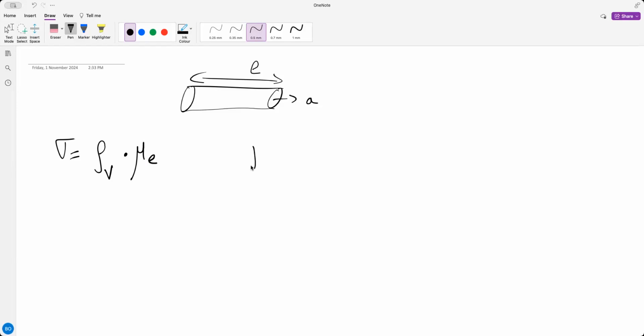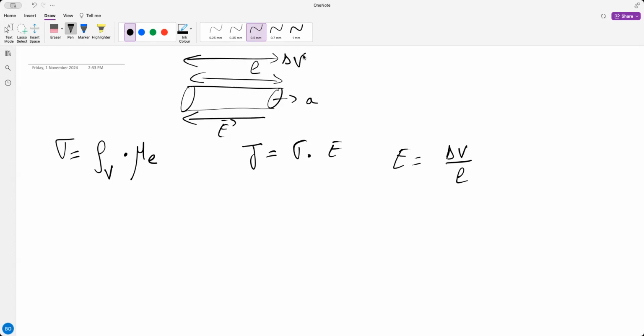We also know that the current density is equal to sigma times the electric field. For example, if I apply a potential difference delta V, the electric field is equal to the potential difference divided by the length, so you calculate the electric field.